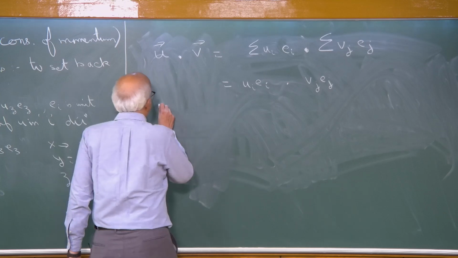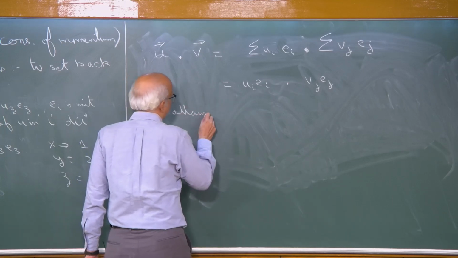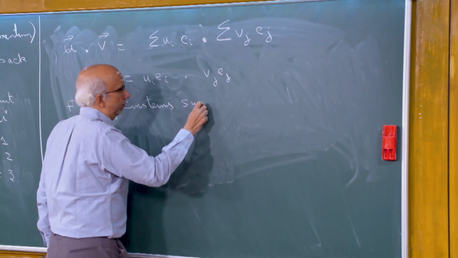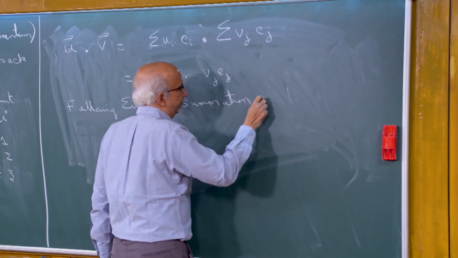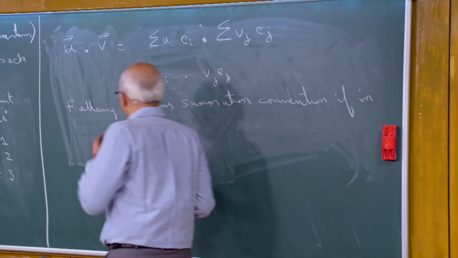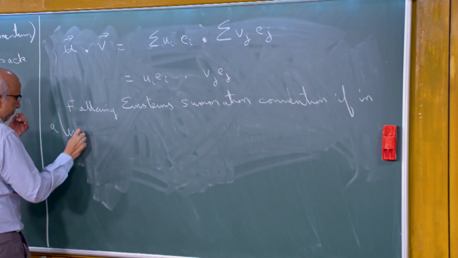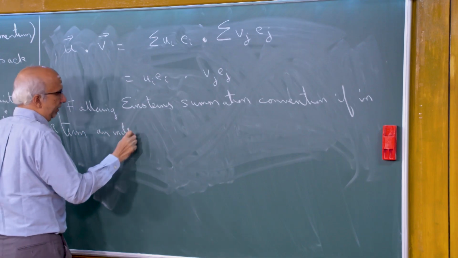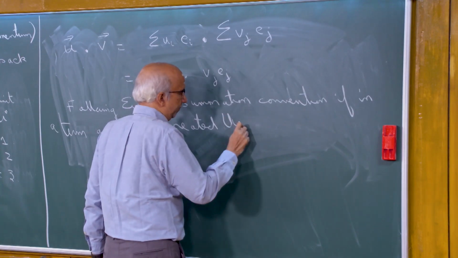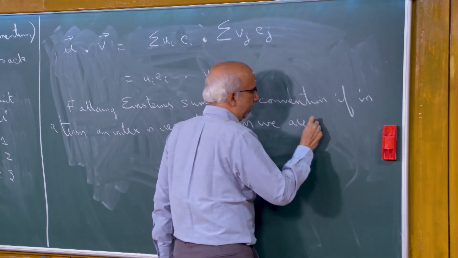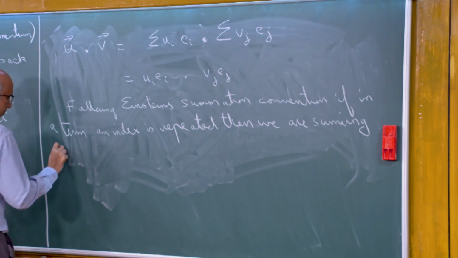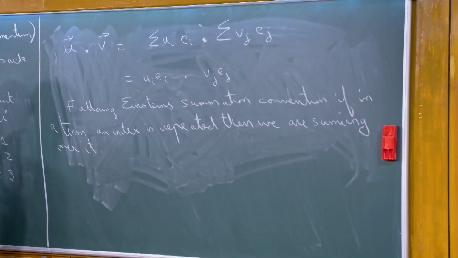So following Einstein's summation convention, if in a term an index is repeated, then we are summing over it, okay.